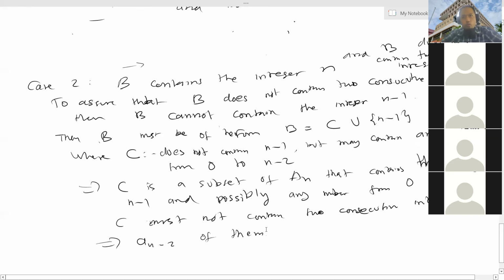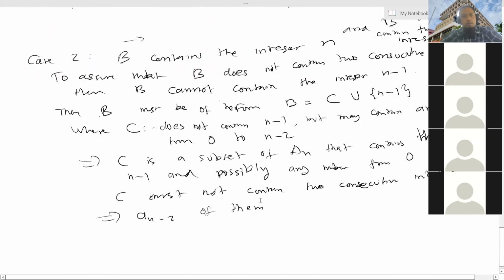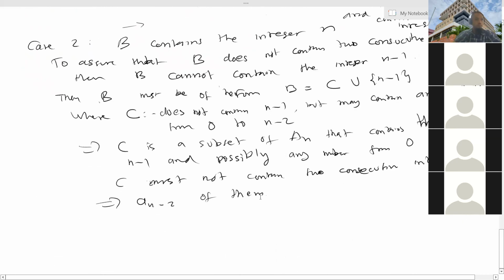So therefore, we have a_n is a_{n-1} plus a_{n-2}, where a_0 is 2, a_1 is 3, and therefore the generating function is g(z).